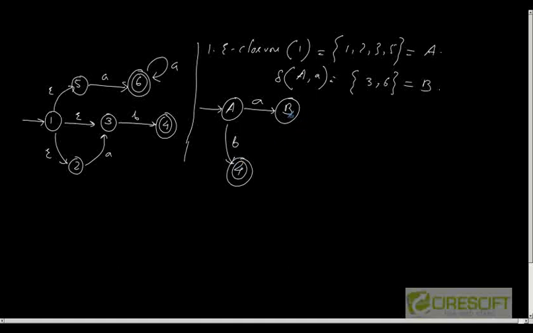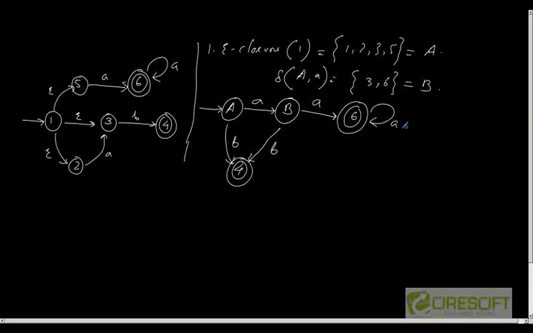Then B is also 3 and 6 and it contains the state 3. So B also can consume the input symbol b and reach 4. And B can consume a and remain at state 6. Okay. So this will be the DFA for the given NFA.